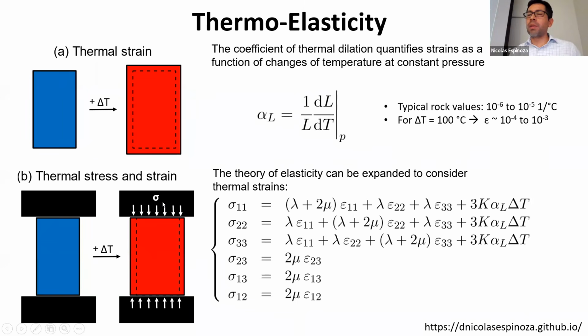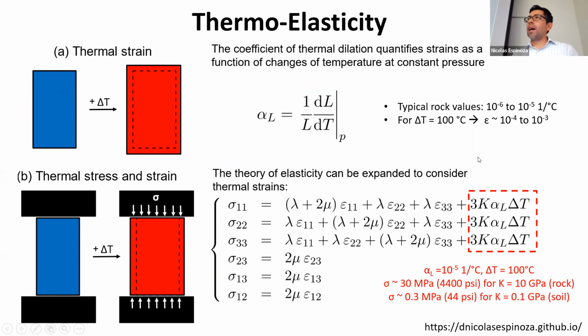How much is that thermal stress? Well, that can be predicted by this theory of thermoelasticity, where now we have the thermal dilation coefficient in it, and these are our stresses. And also we have here K, which is the bulk modulus.